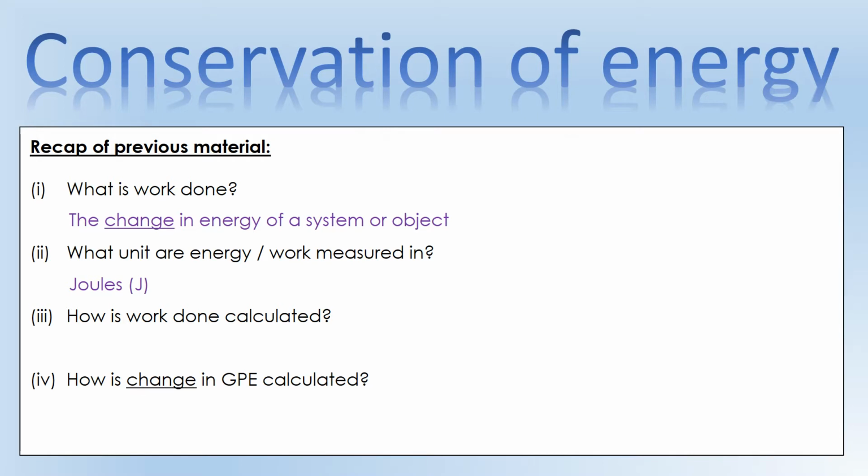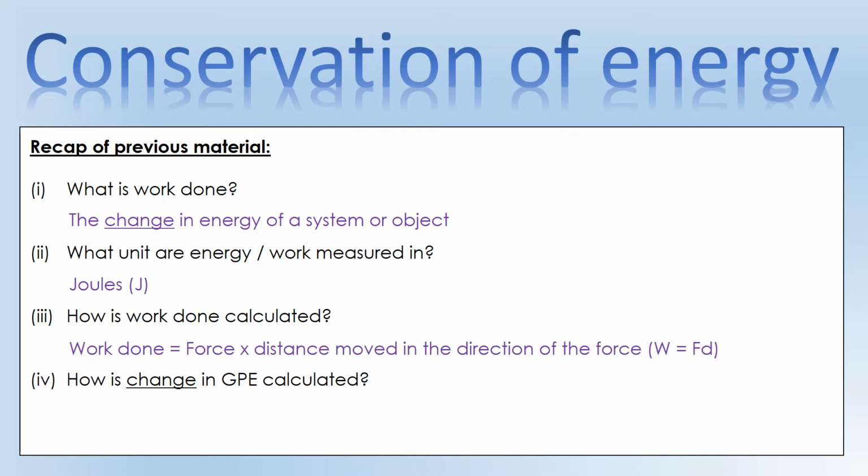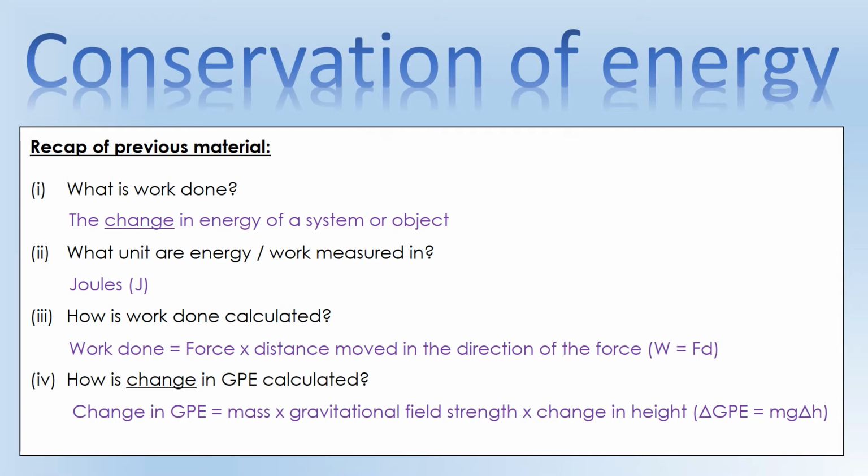How is work done calculated? To be specific here, we're talking about mechanical work done, if we're being pedantic about it. It's calculated by the force times the distance the object has moved in the direction of the force. That's often shortened to W equals Fd. And change in GPE, which we met last year, is calculated using this equation: mass times gravitational field strength times change in height, often simplified to ΔGPE equals mgΔh.